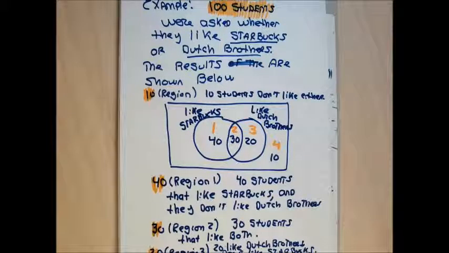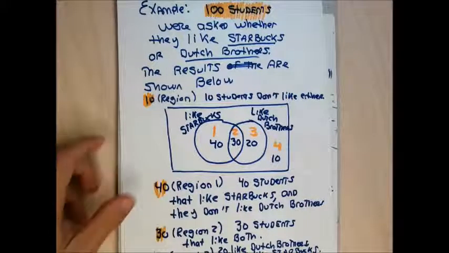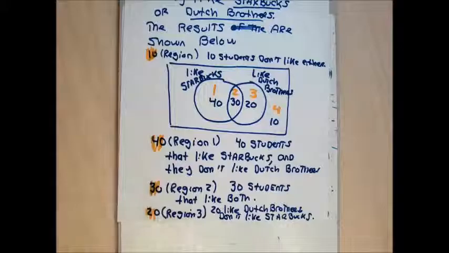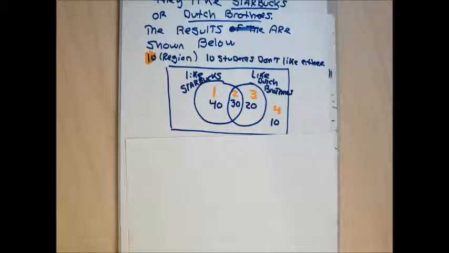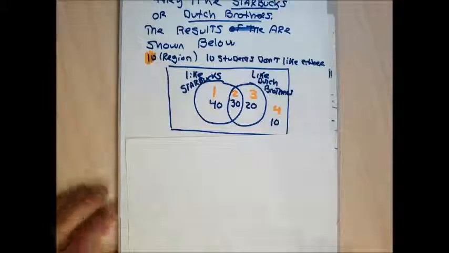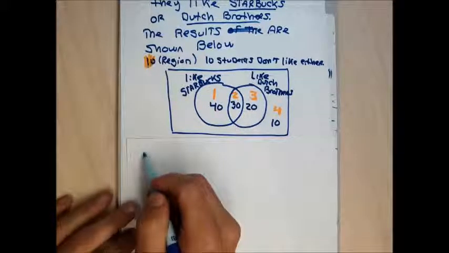Now maybe let me ask some questions the best I can to help you with this. Some questions that relate to this diagram. So now that I understand the diagram, let me ask some questions.